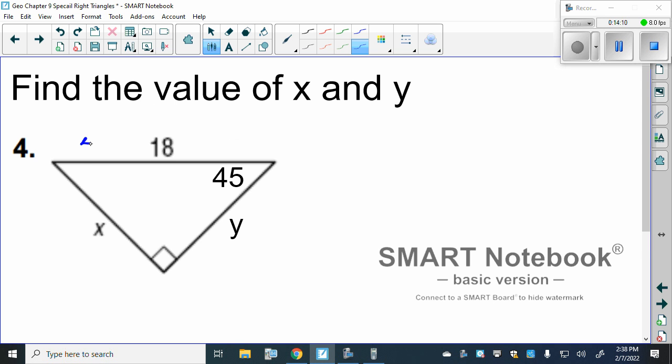Well, we know this one here has to be 45, which tells us that the value of x and y are the same. And how would we find it?